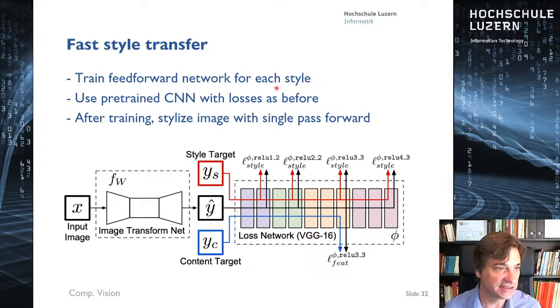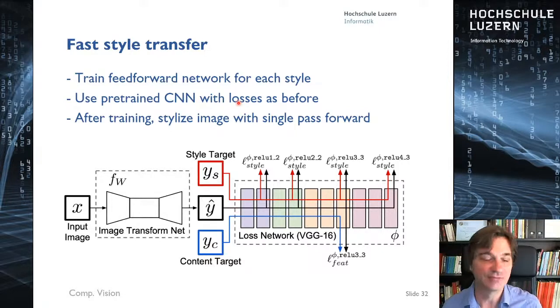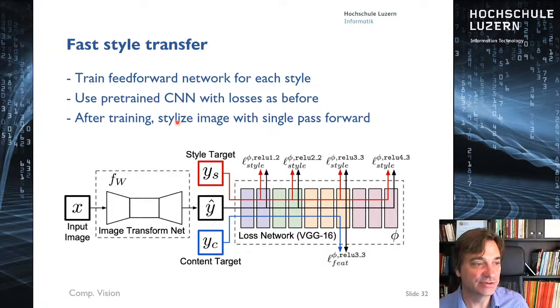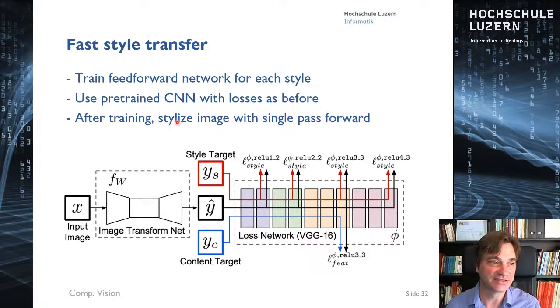You start with the CNN with the losses as before, but through this training stage you learn that the network will always minimize both of those loss functions for any image as input. And so when you're done with training, you can just stylize an image with one single forward pass and it will generate the approximate image.